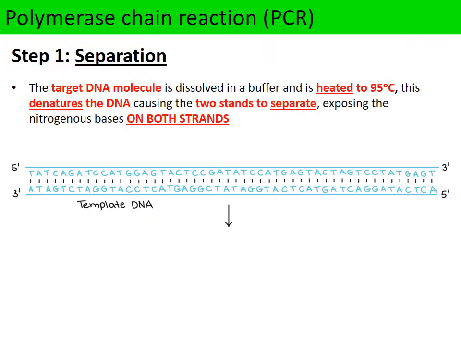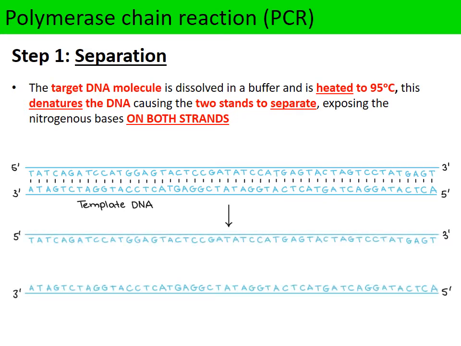So we can start to look at this in a little bit more detail. So we know we separate the two strands at 95 degrees C. It breaks the hydrogen bonds and we get two template strands of DNA. Now, DNA is always synthesized in a 5' to 3' direction. And we know double-stranded DNA is what we call anti-parallel.